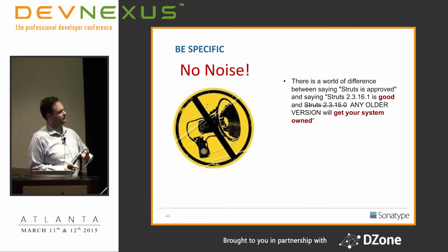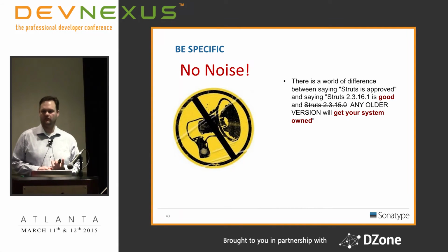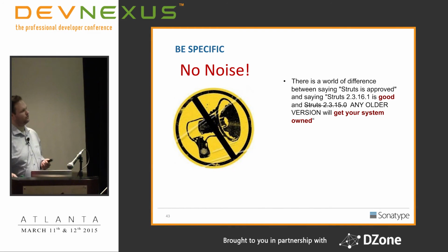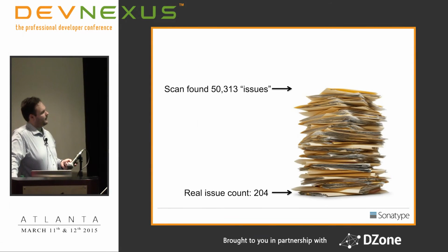But as we talked about before, any version prior to 2.3.16.1 was completely ownable and completely get your system attacked, right? So there's a world of difference between just saying, yeah, you can use struts, or no, you must use this version or greater, right? And so the only way you can do that again is through automation, like I talked about. You can't do this in a manual approach.